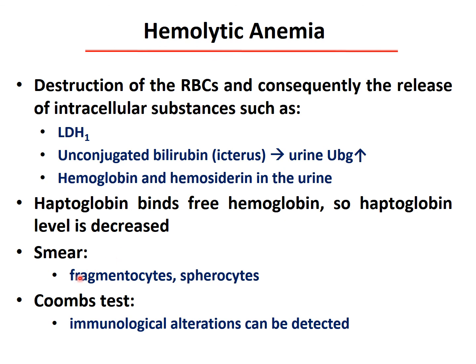In a smear, depending on the cause of hemolysis, if we have destruction from an extracorpuscular problem, we have fragmentocytes and spherocytes. If it's of immunologic origin, we are going to use the Coombs test, which proves that this is an immune-mediated process.